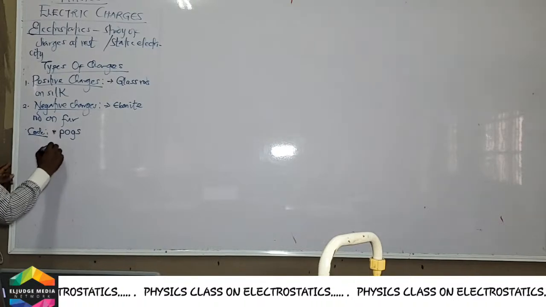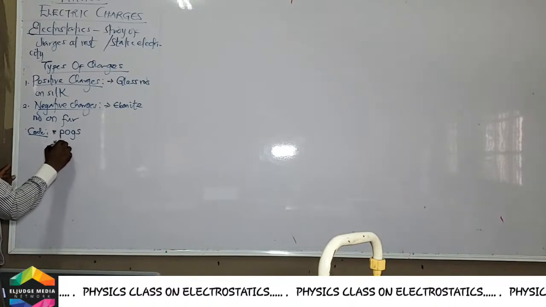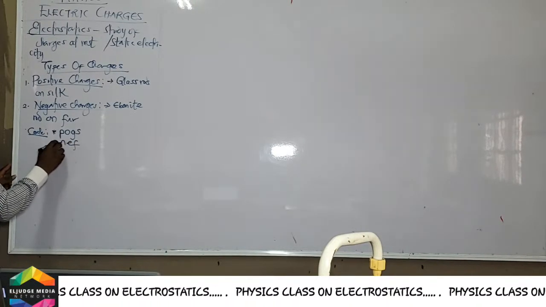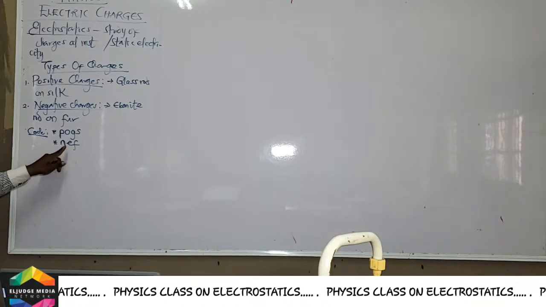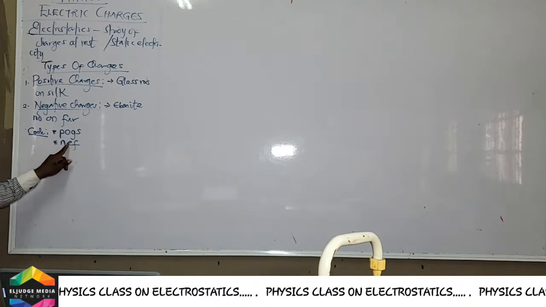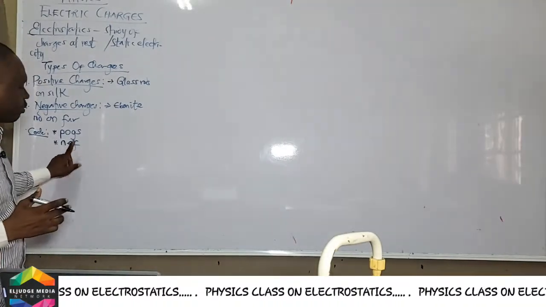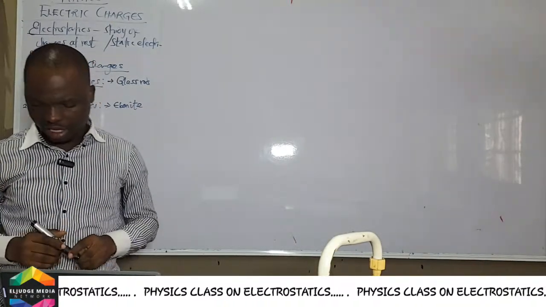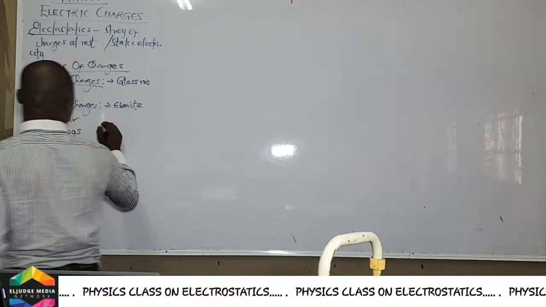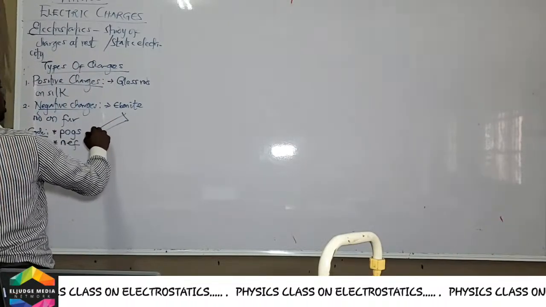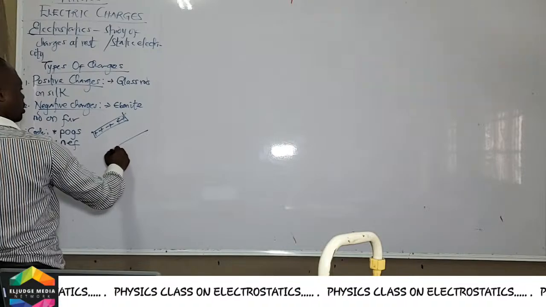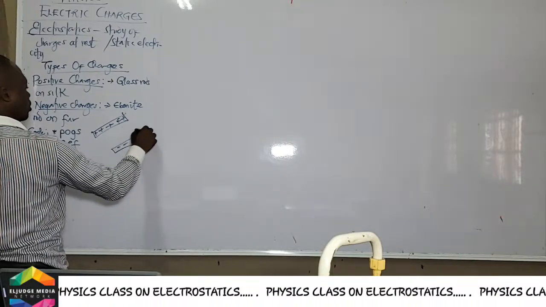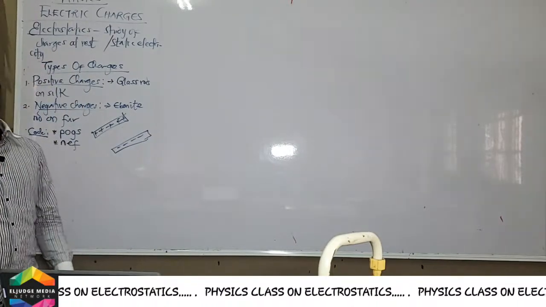And for the negative, that's nerve. So nerve, hugs, and nerve. Negative charge is gotten by rubbing the ebonite rod on fur. So these are the two ways of producing electric charges. You have this positive charge, this is a glass, and this is an ebonite rod. These are the two charges that you have there.